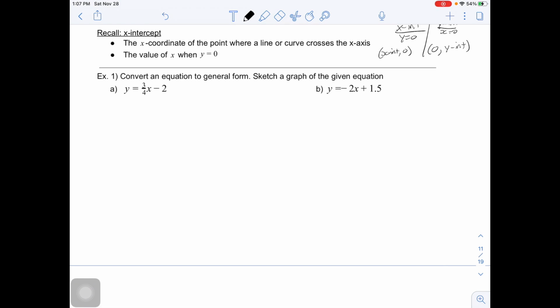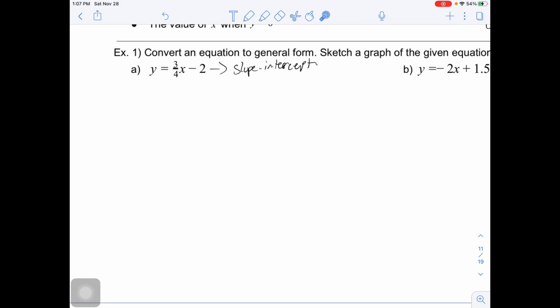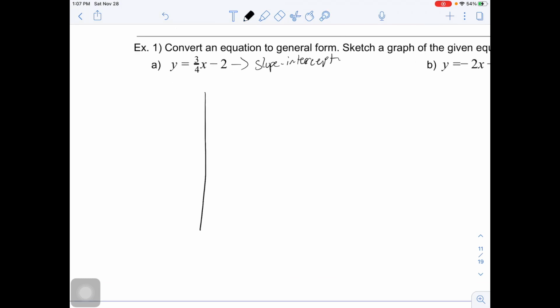So let's first of all figure out how we convert slope-intercept form to general form. So recognize right now this is your slope-intercept form. And this equation is asking us to convert the equation to general form and then sketch the graph of the given equation. Well, first of all, sketching the graph is actually easier to do using the slope-intercept form, right?